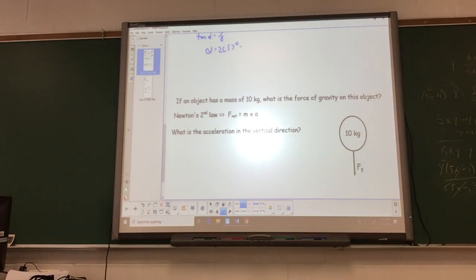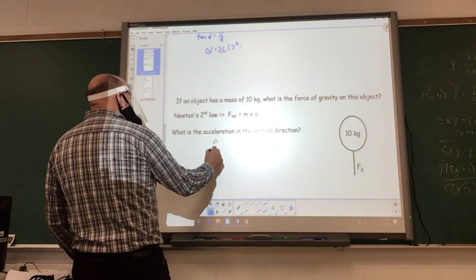An object has a mass of 10 kilograms. What is the force of gravity on the object? Well, force is equal to mass times acceleration. What is the acceleration in the vertical direction? Negative 9.81.